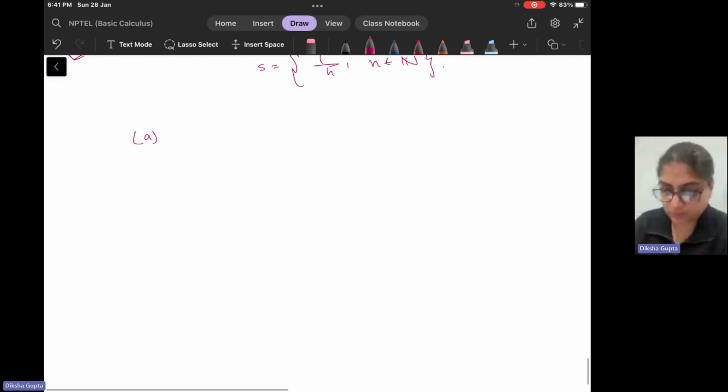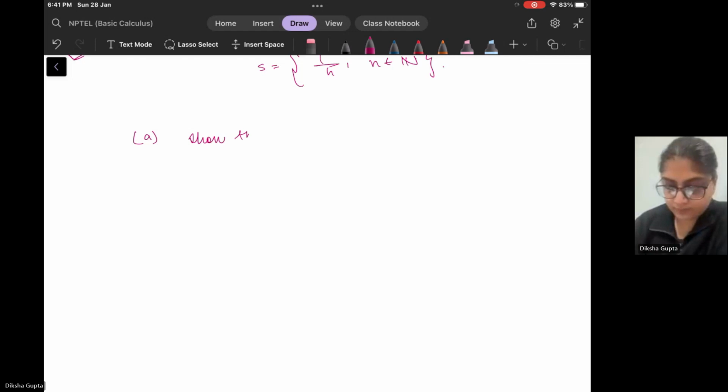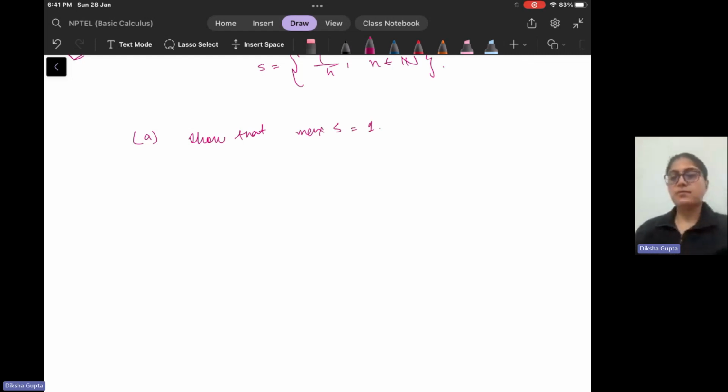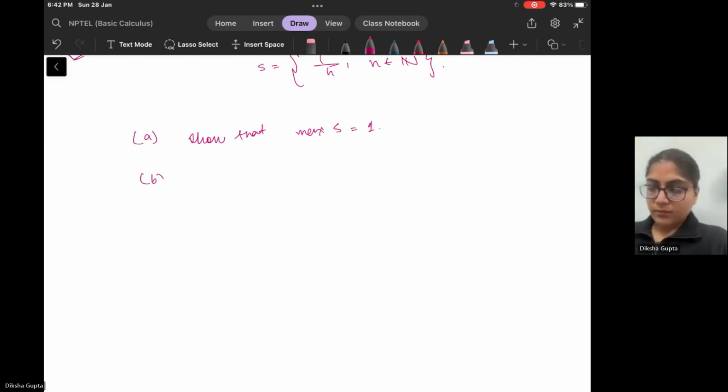So part a is: show that the maximum of S is 1. That is, show that the maximum of the set is the number 1.